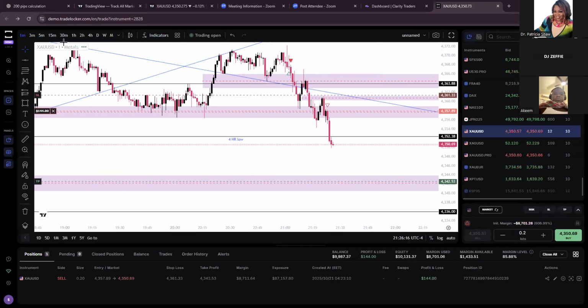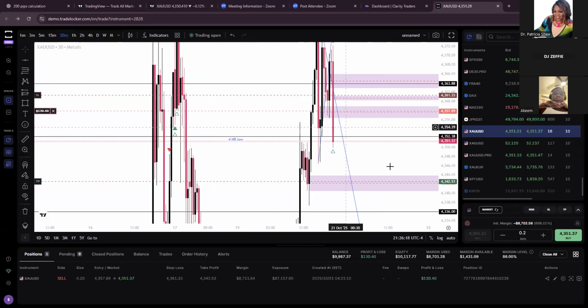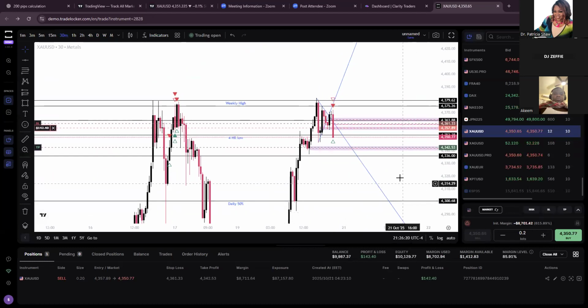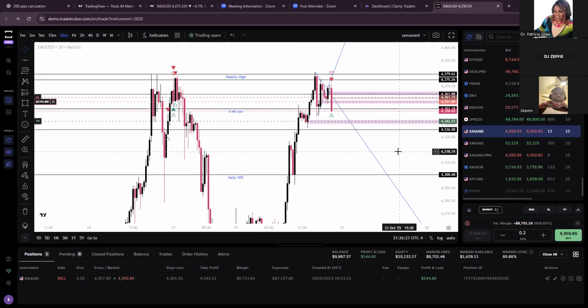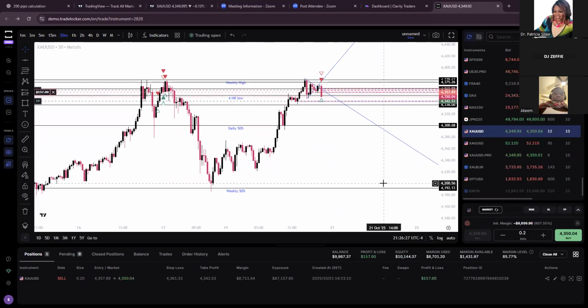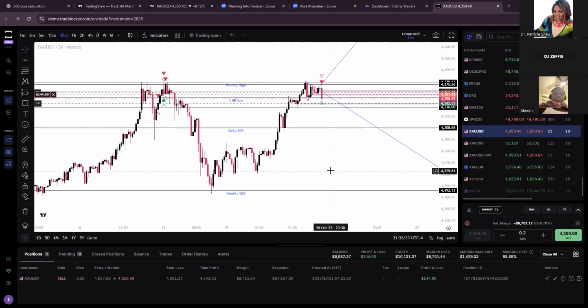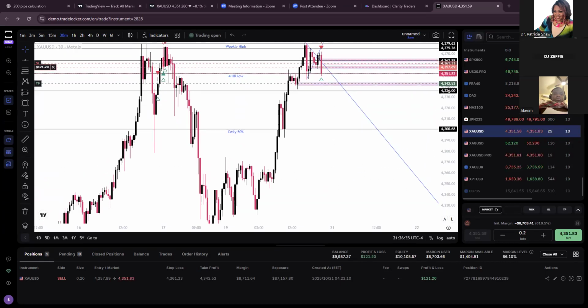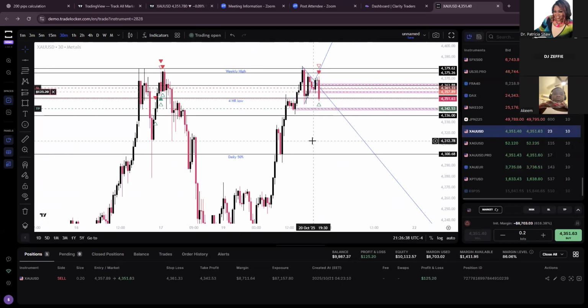All right, so we have 3 minutes left on this 30-minute candle. Now, the last time price came to this area, you see this big fall here. It's a possibility that it could continue lower, but we don't want to chance it. We're going to take our profit wherever we're going. Let price give us our money.